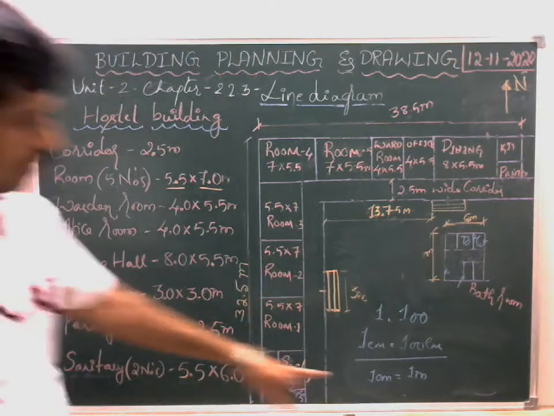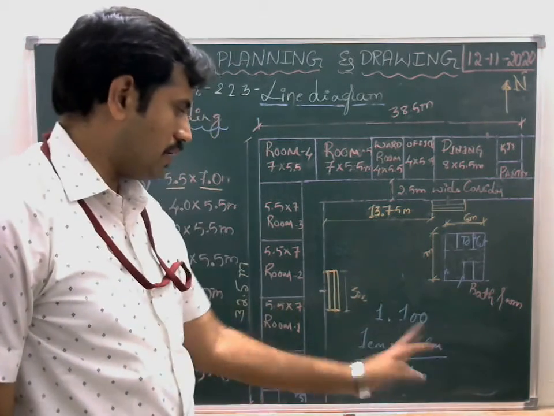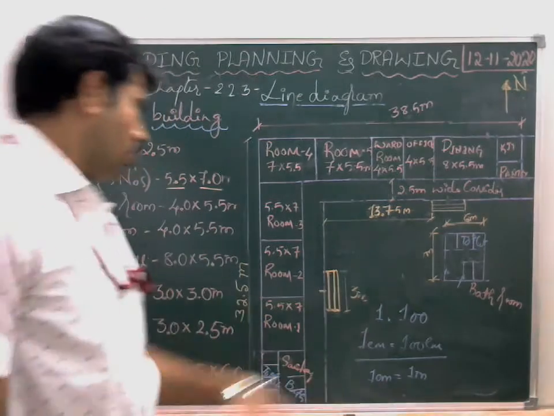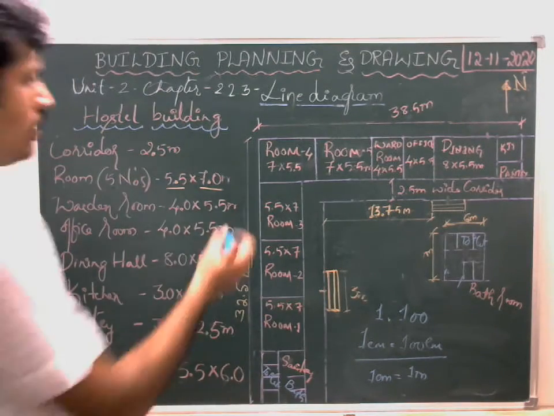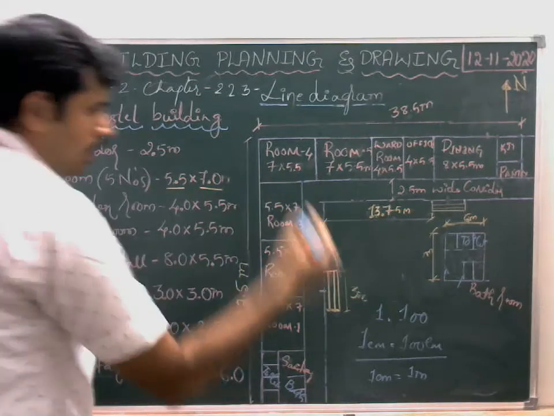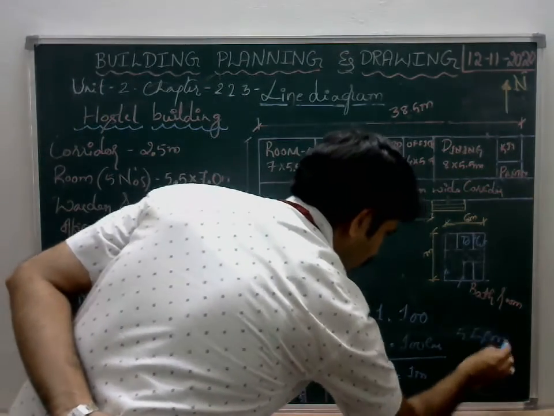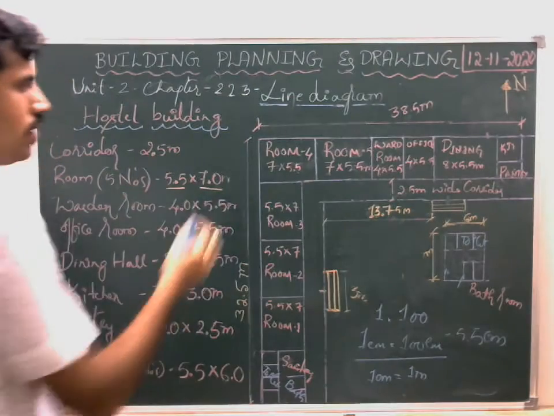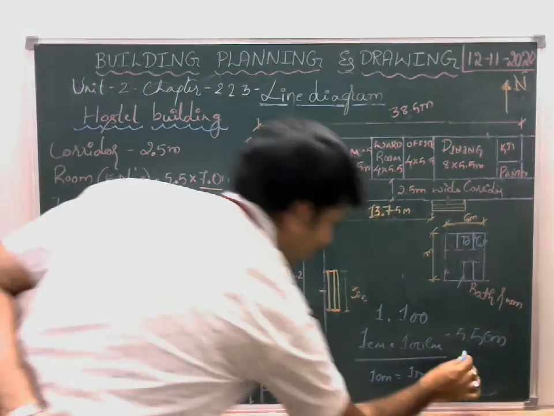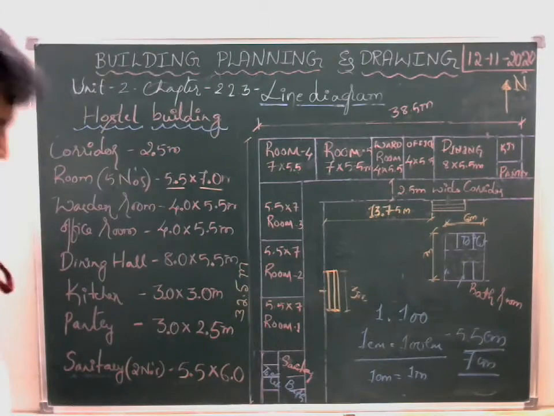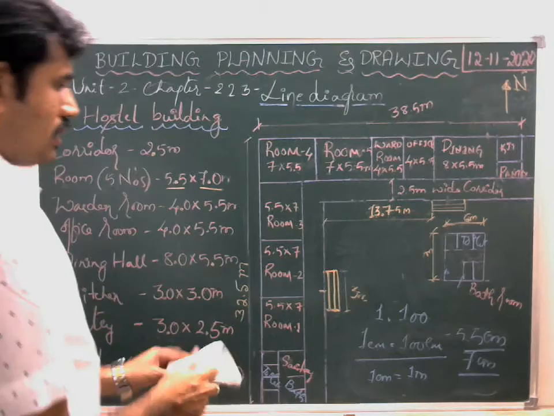That means 1 meter measured on the field will be read as 1 centimeter on the paper. So in 1 is to 100, if you want to draw 5.5 meter, it will be directly 5.5 centimeter. If you want to draw 7 meter, again it will be 7 centimeter. While drawing, we have to memorize this.